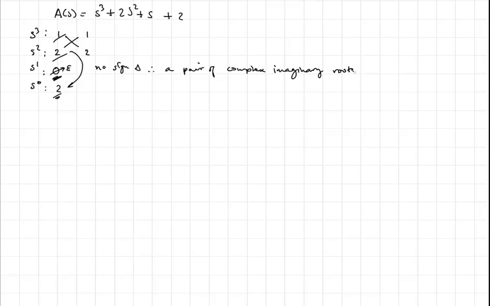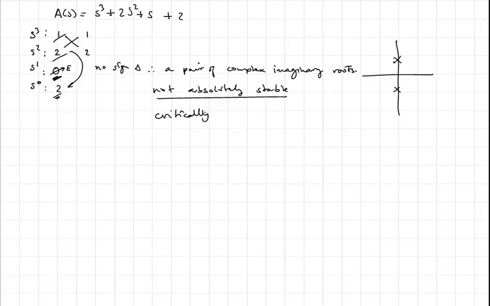In other words, they lie on the j omega axis. So this means not absolutely stable, but it would be critically stable. Okay, so that's one scenario.